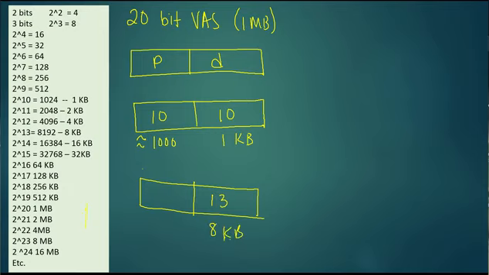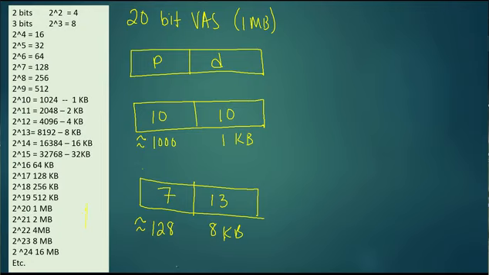So we have 8 kilobyte size pages, and we have 7 bits for our page number. That would give us approximately 128 pages. So you can see how if you make your pages larger, you would have fewer pages, and if you make your pages smaller, you would have more pages.